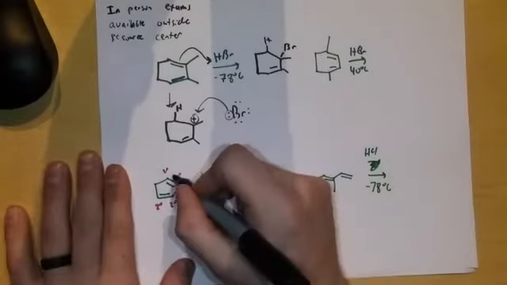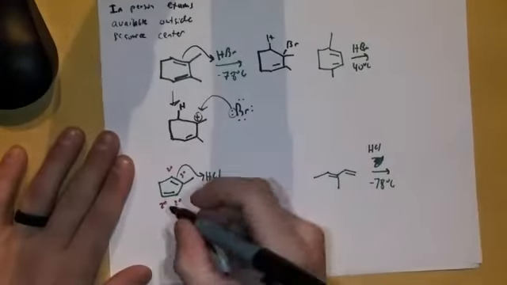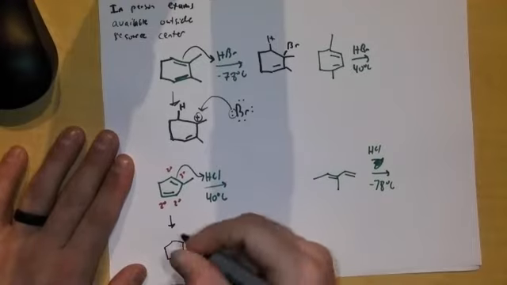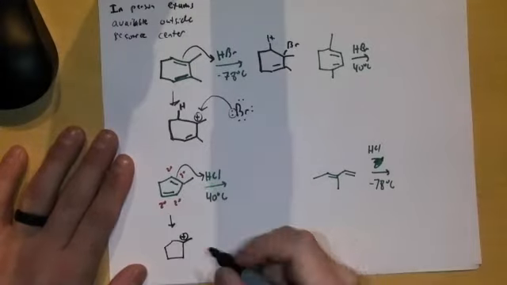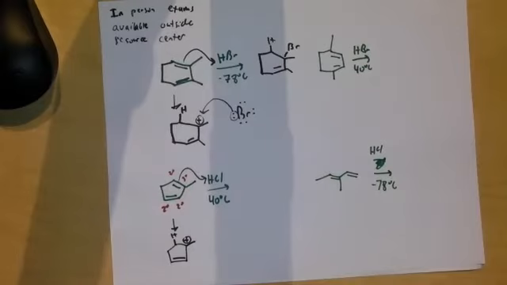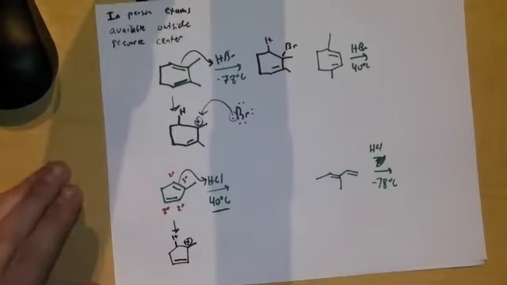So let's have this double bond come in, do an attack here. We are going to get a positive charge and an H. We are at 40 degrees Celsius, which is warmer, so we're actually going to have resonance happen.